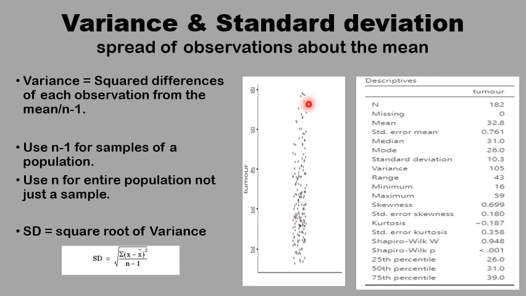So the variance is the total differences between each point, each individual dot here, and the mean squared and then added together, and at the end we divide it by the number of the data minus 1.